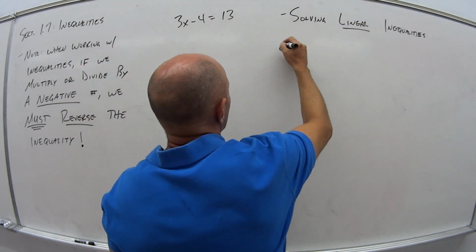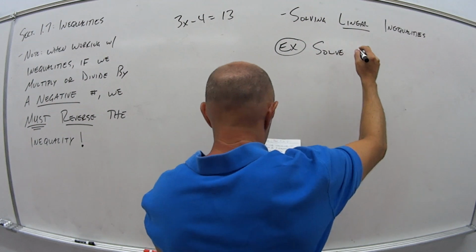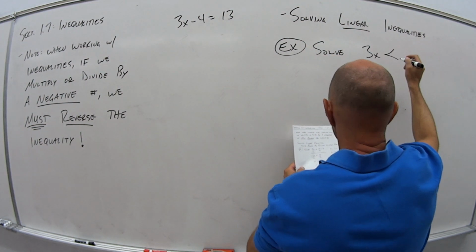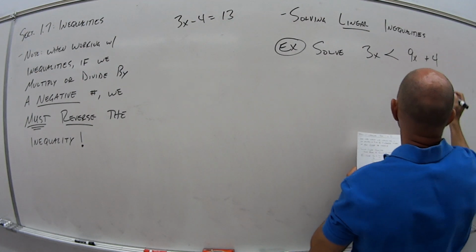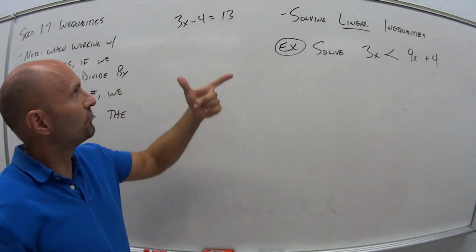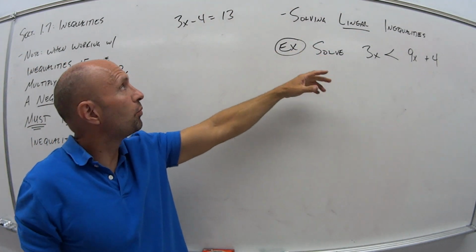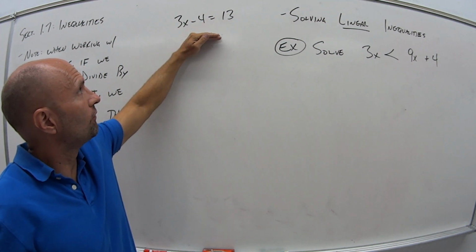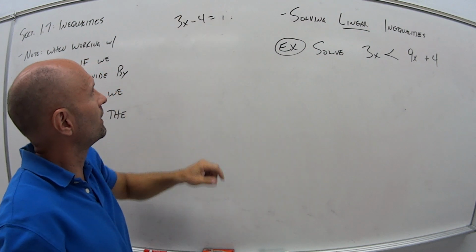So for example, let's say we want to solve 3x is less than 9x plus 4. The difference between a linear equation and a linear inequality is what? This has one answer. I solve this, actually 13 wasn't a good number anyways. Doesn't matter.